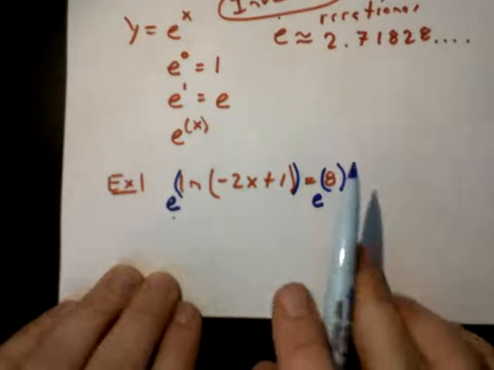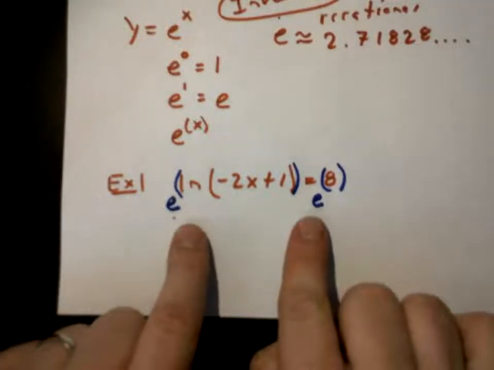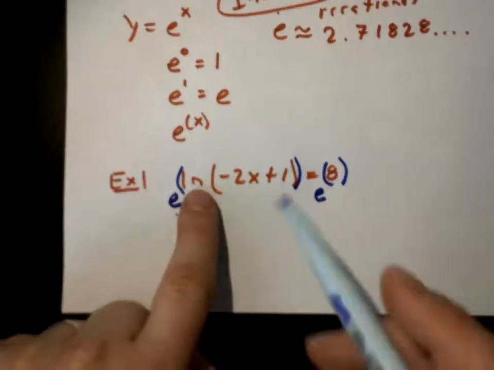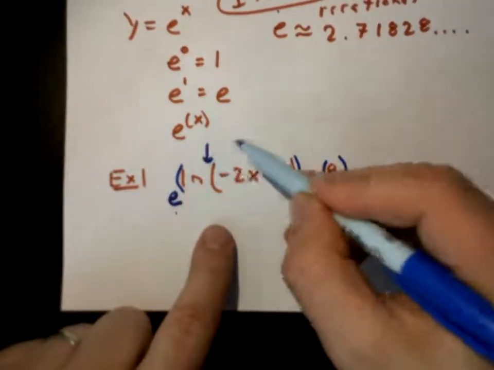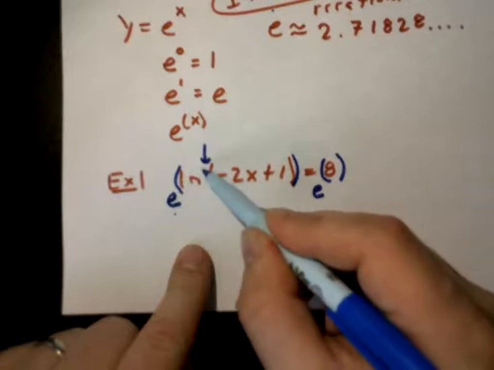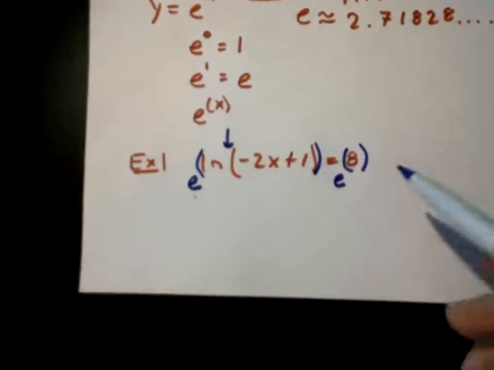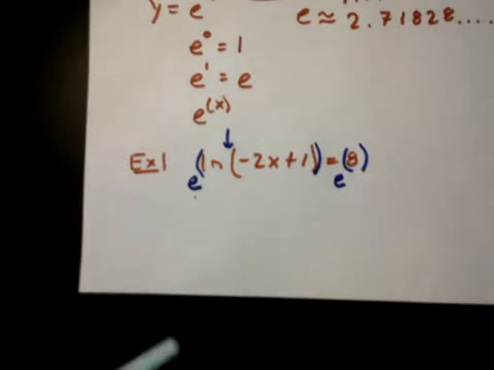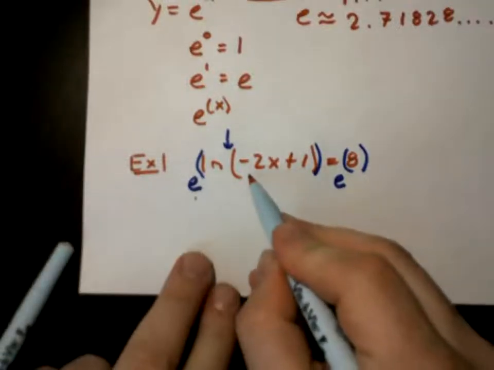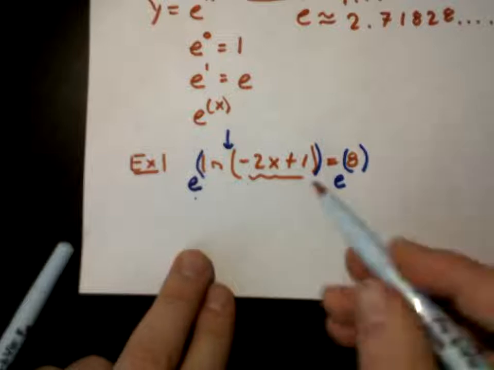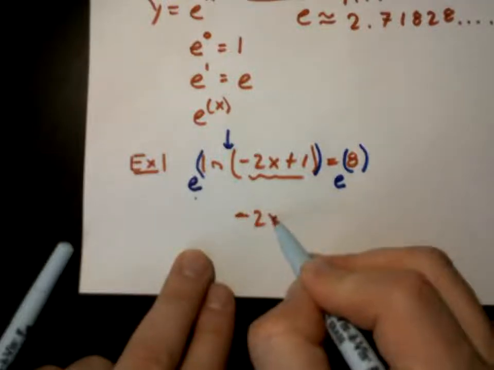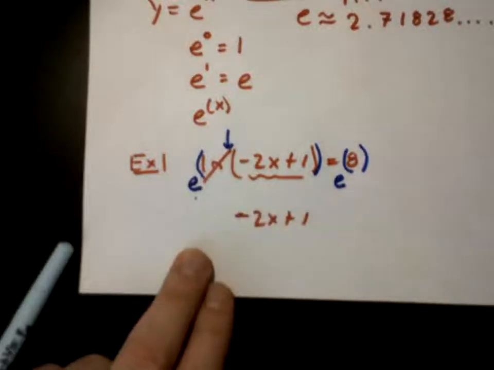Since e is on both sides, we're just raising both sides to e. Look right here. E to the natural log, remember these are inverses, they're actually going to cancel each other out. And if that cancels out, this part right here gets to just come down because these two cancel each other out.